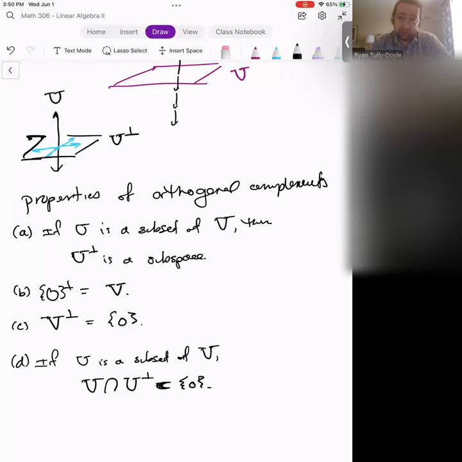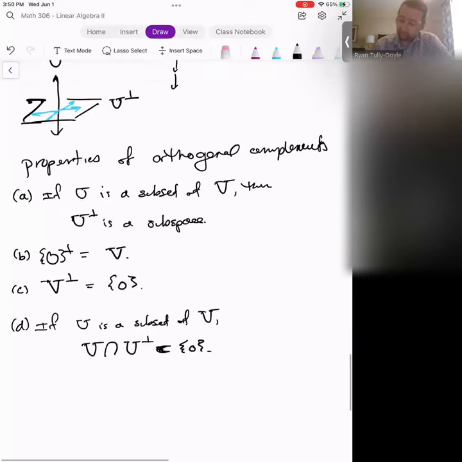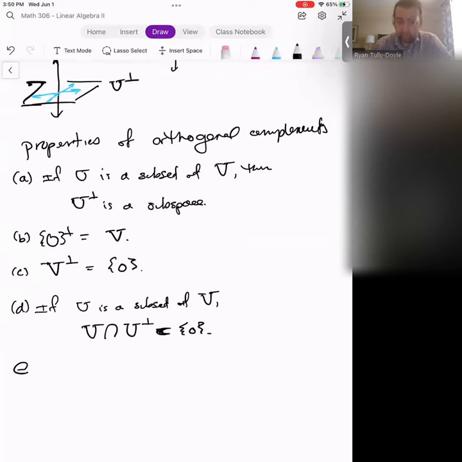It's just the 0 vector. Finally, is that the contain symbol or an equal symbol? No. I have no idea why Axler used the contain symbol. It should just be equal to the 0 vector. Should have been equal.